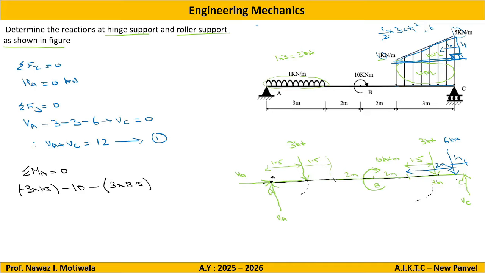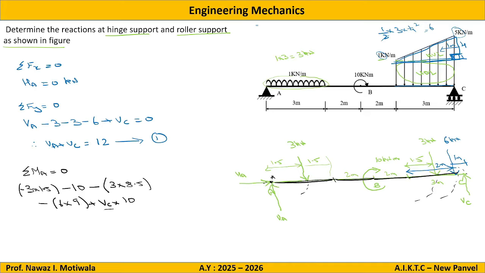Then this force again making a clockwise moment, so it is minus, value of force is 6, distance from point A will be 3 plus 2 is 5, plus 2 is 7, plus 2, that is 9. And for the last, VC, it is making an anti-clockwise moment, so it is plus VC into distance 10.